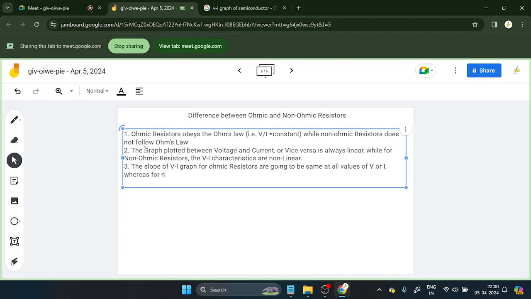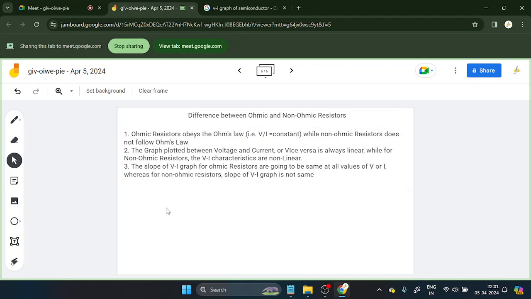Whereas for non-ohmic resistors, what will happen? The slope of the VI graph is not the same. Clear about this? Okay, so these are some of the differences between ohmic and non-ohmic resistors.